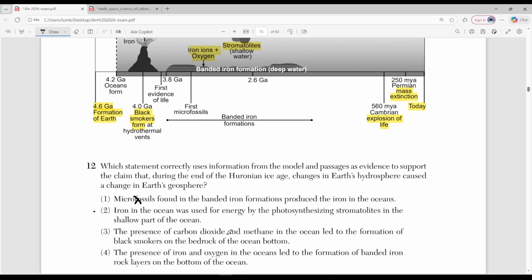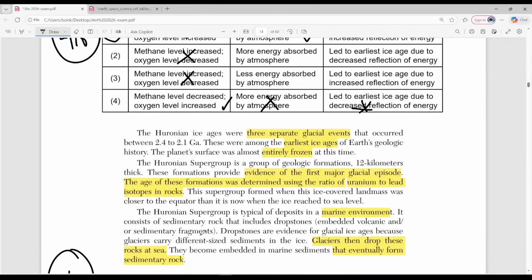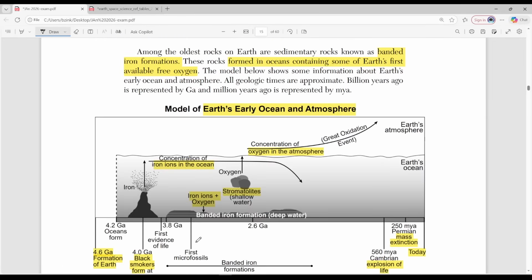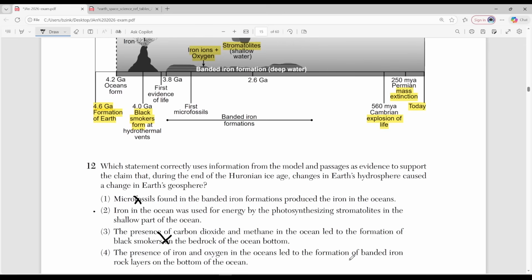The presence of CO2 and methane in the ocean led to the formation of black smokers. No. It doesn't say anything about CO2 and methane in the ocean that I saw. I'm going to X that one out. The presence of iron and oxygen in the ocean led to the formation of banded iron rock layers on the bottom of the ocean. That's right.